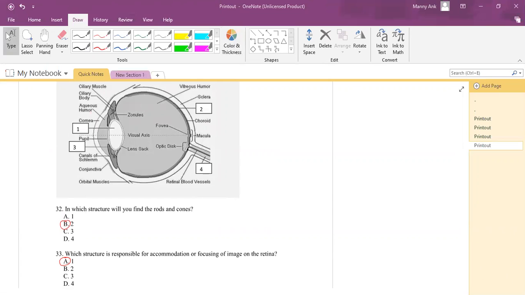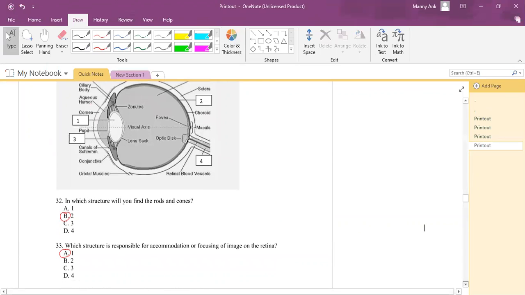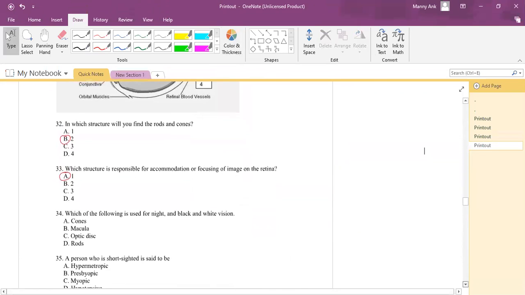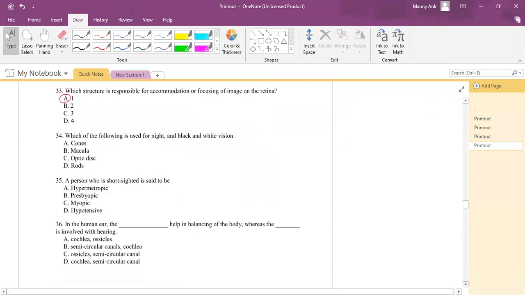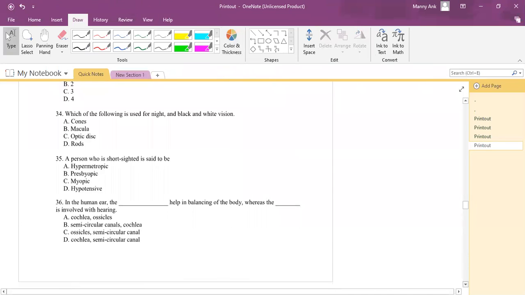Okay. Number 34. Which of the following is used for night and black and white vision? The black and white vision, that's the rods.